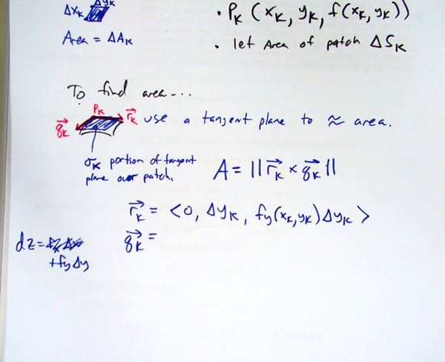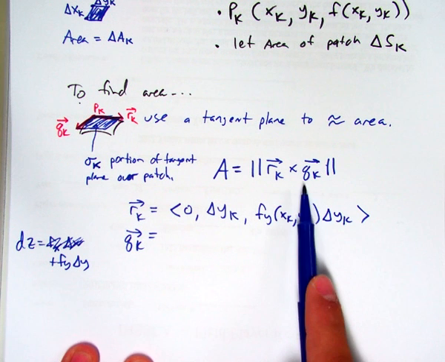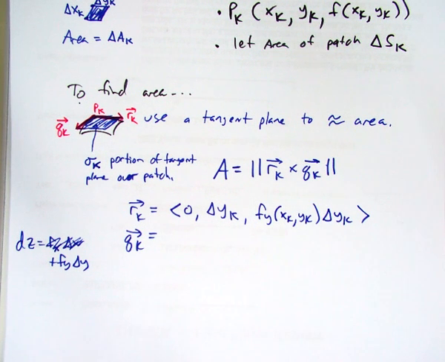Think about what we did in chapter 11 with the area of a rectangle or a parallelogram. If I gave you 4 points A, B, C, D, and said find the area of the parallelogram using vectors, you would make two vectors, find the cross product, and take the magnitude of it. So that's what we're doing here. It's the same thing.